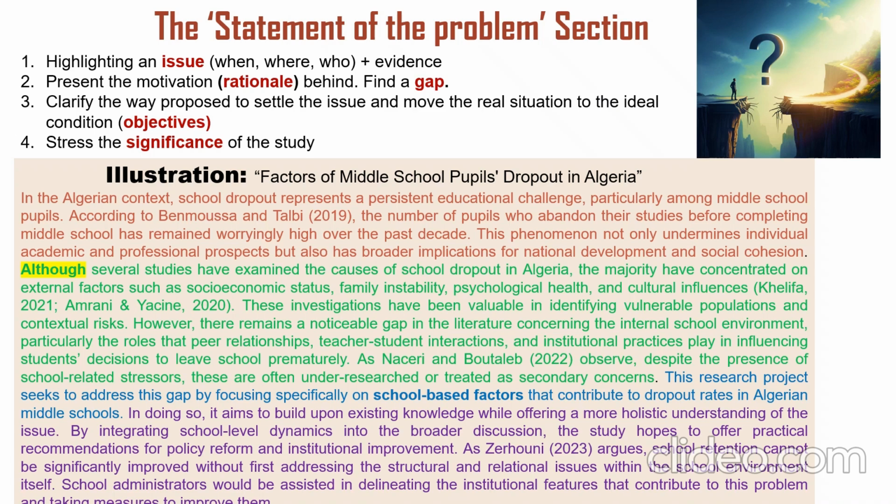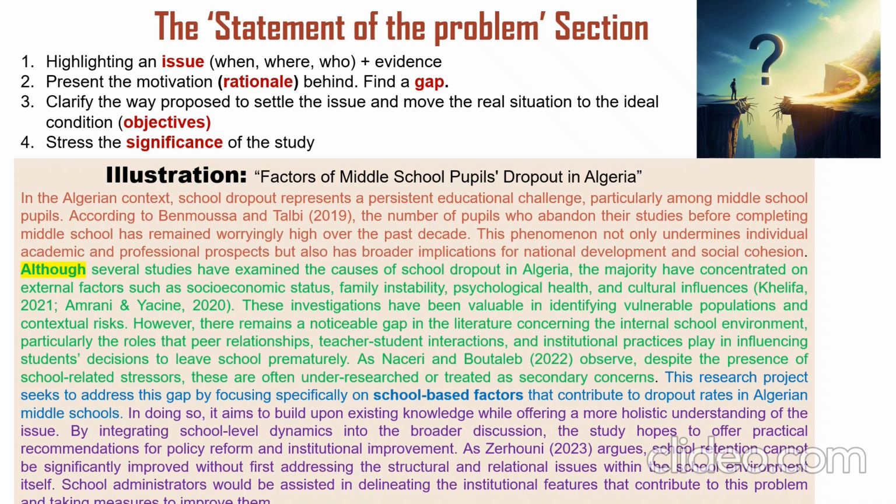Here comes the articulation of the objective. This research project seeks to address this gap by focusing specifically on school-based factors that contribute to dropout rates in Algerian middle schools. This is the general objective. Later, this will be developed into specific objectives.